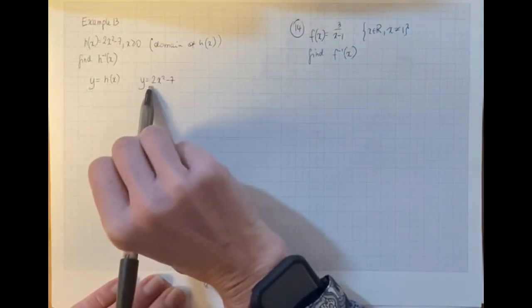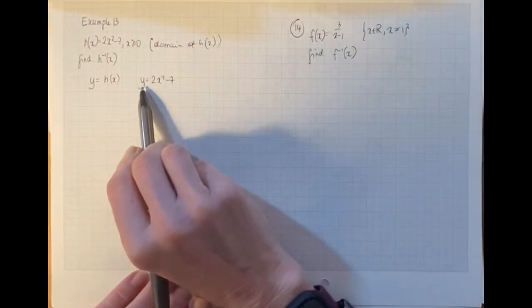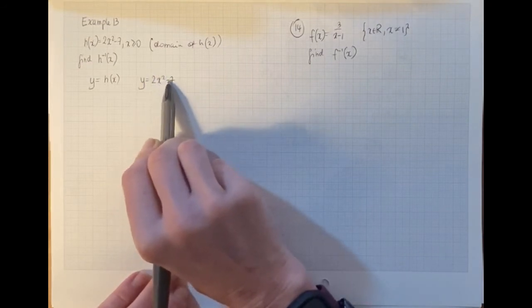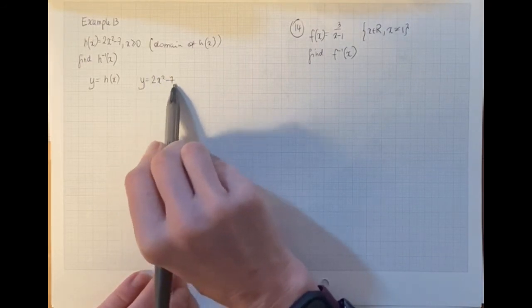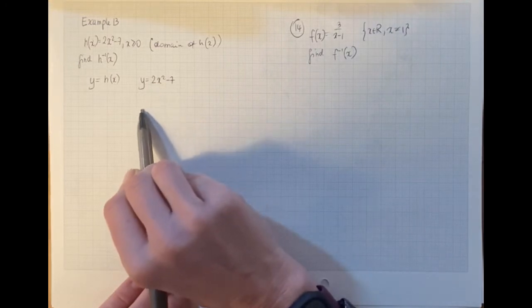The best thing to do is simply switch the x's with y, because what we're going to be doing, we are going to be undoing whatever happened to the x's on that side, and then you're going to end up with x on its own.